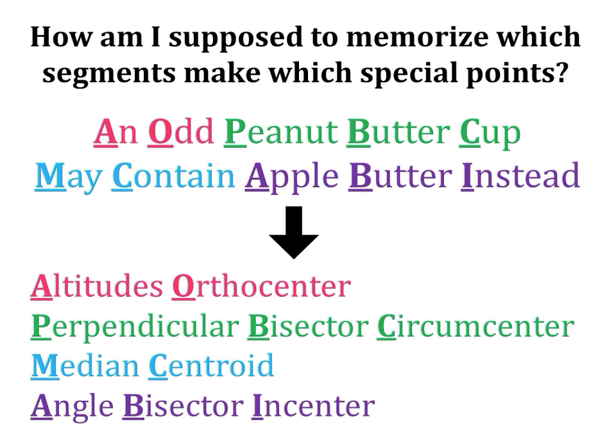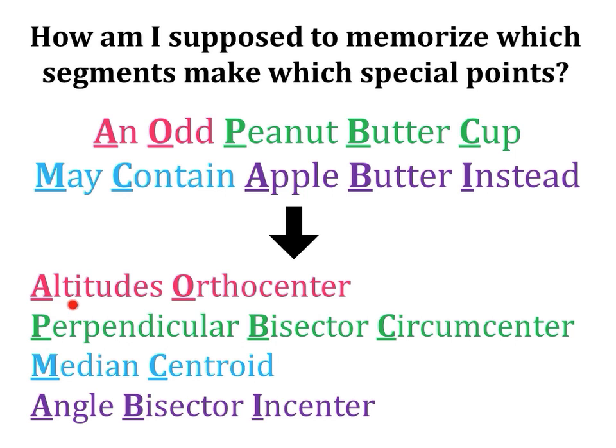So you might be asking, how am I supposed to memorize which segments make which special points? All along, I've been giving you the mnemonics to help you. So put it all together and you've got: an odd peanut butter cup may contain apple butter instead. Here's our list.